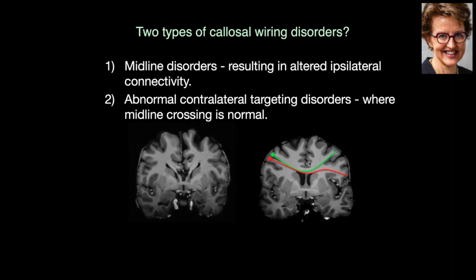Those that are very obvious, which are the ones I've shown you, complete and partial agenesis of the corpus callosum, where there are no or fewer fibers crossing the midline, but perhaps also, given how incredibly variable and how plastic the targeting can be in the contralateral hemisphere, you could potentially have individuals with axons that cross the midline, but then target incorrectly in the contralateral hemisphere.